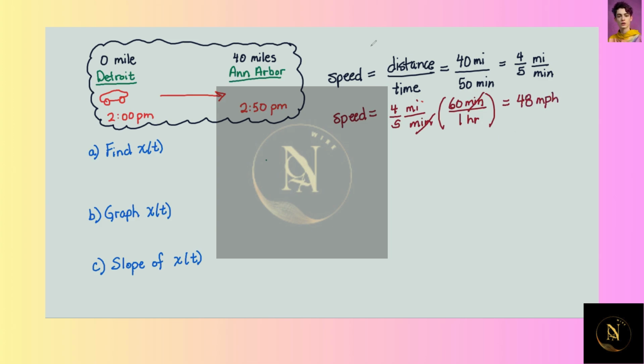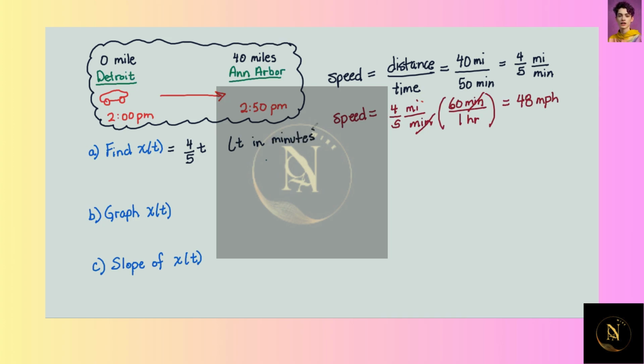All right, let's go ahead now and take a look at finding our position as a function of time. We know position is rate times time, and our rate is 4/5 if we do it in miles per minute, times time. So long as t is in minutes, we can use this equation.